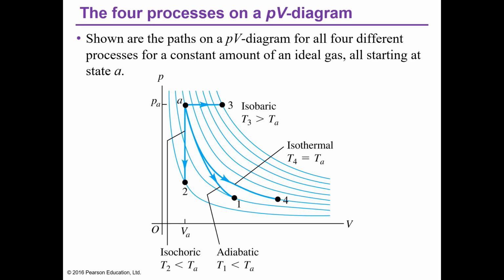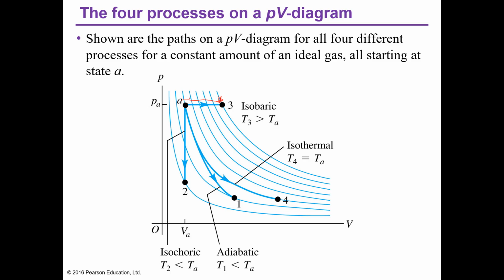So the four processes on a PV diagram, you can see the four graphs here, showing all the processes in this PV diagram. For constant pressure, it means your process is isobaric. So this one is isobaric process because your pressure is constant. When you move from state A to state 3, that is isobaric because your pressure is constant.